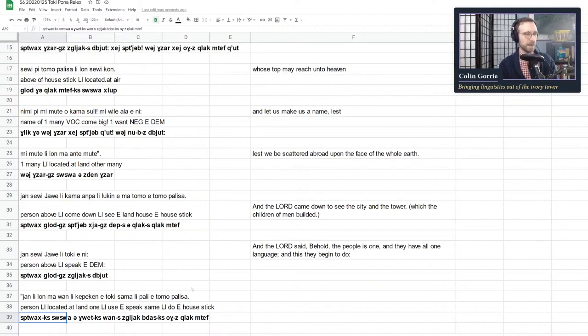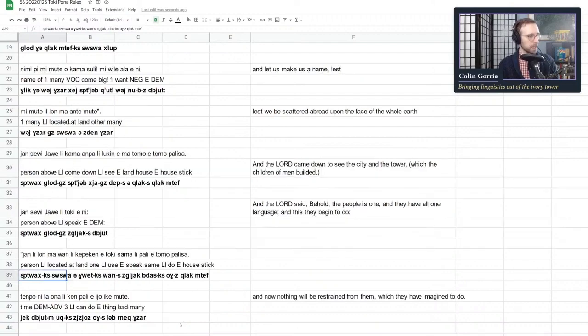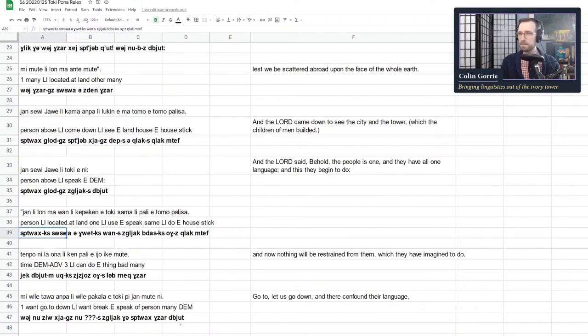But in our version, this is not an independent word, but it suffixes onto the verb. So maybe we could consider that a clitic. I think that would be the best analysis of it.